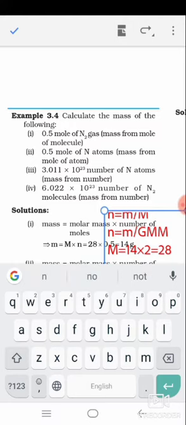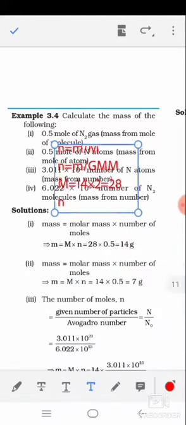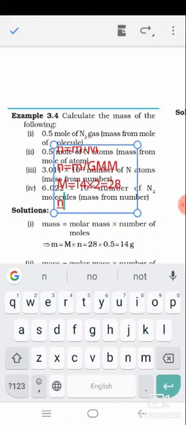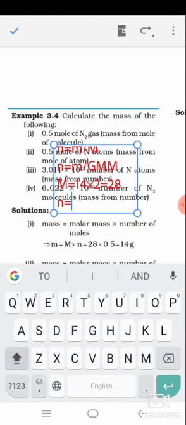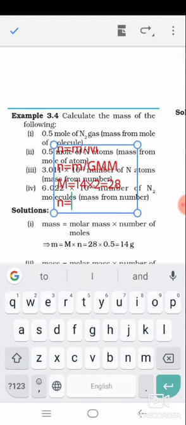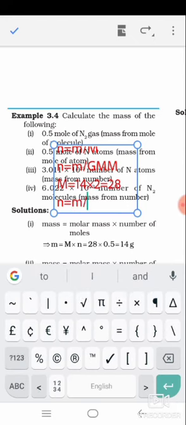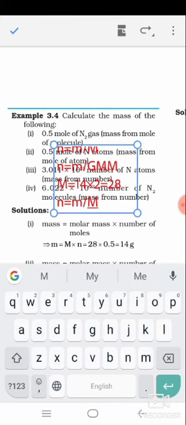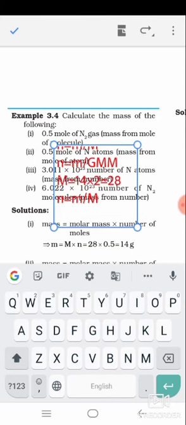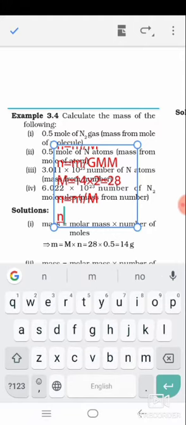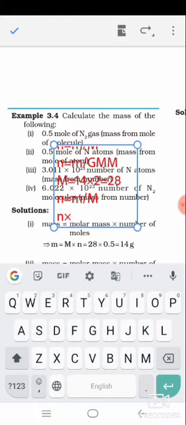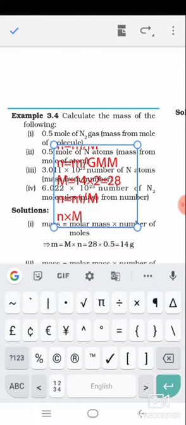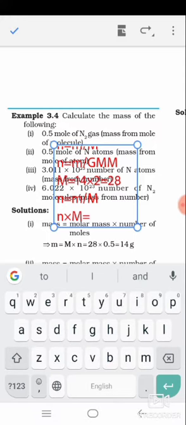So we rearrange the equation: n is equal to m by M, so n into capital M is equal to small letter m.